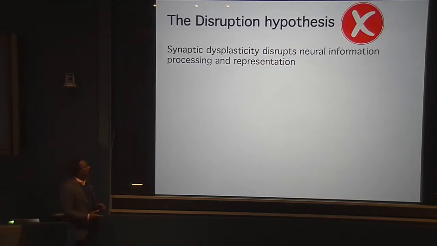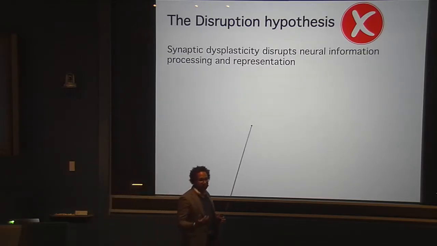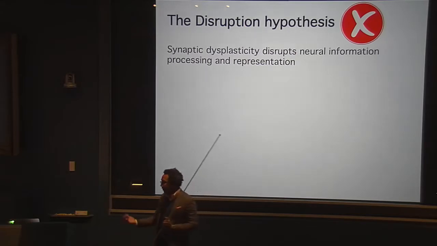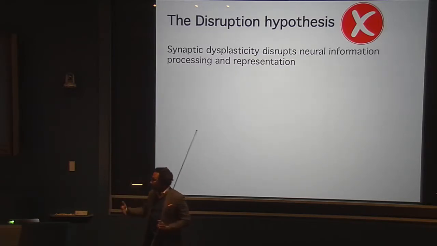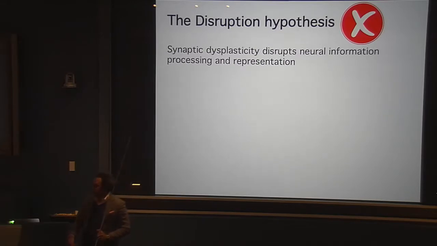So it's quite clear that we can't describe the cells in this mouse as being disrupted in any straightforward way. All of the functional properties that we were able to measure, and that people typically measure in such a system, turn out to be normal, despite all of these molecular and synaptic abnormalities that are well characterized in our own hands as well as the hands of our colleagues, which allows us, in some sense, to at least not favor this disruption hypothesis.